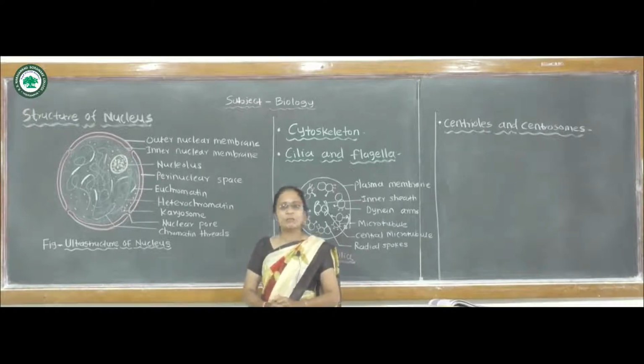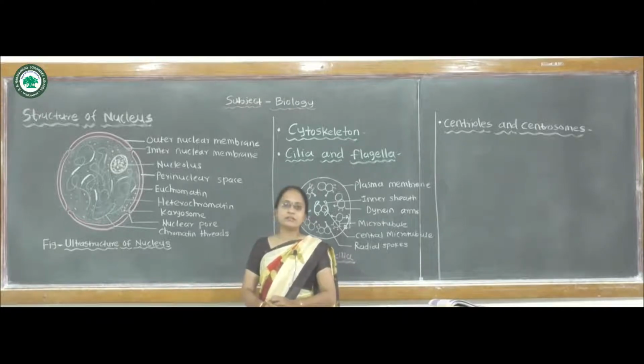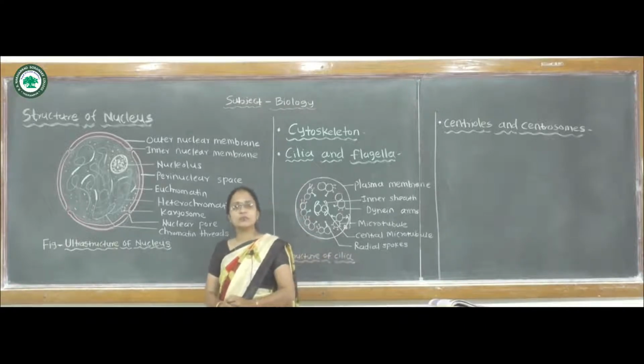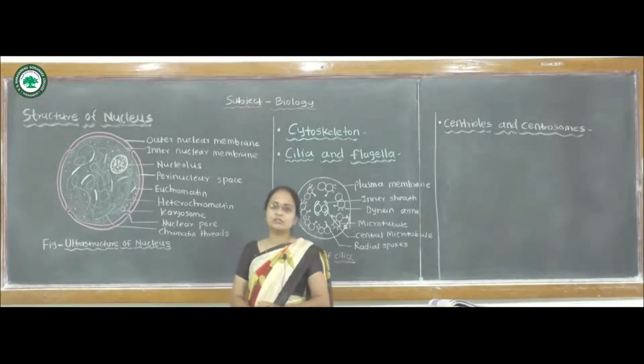Some cells are binucleated, containing two nuclei. Some are trinucleated and tetranucleated, containing three and four nuclei respectively. Some cells are polynucleated, containing many nuclei. An example of a polynucleated cell is the neutrophil.